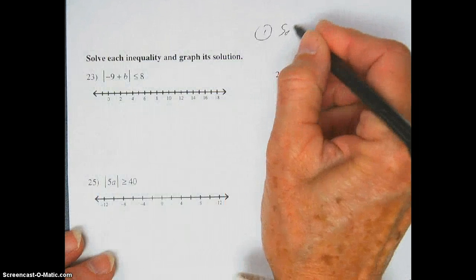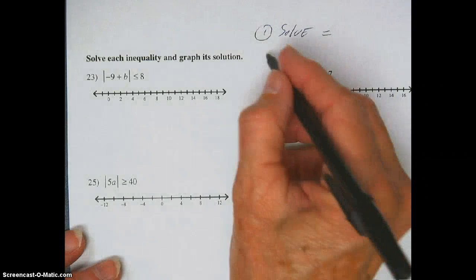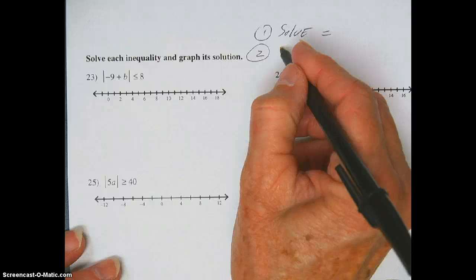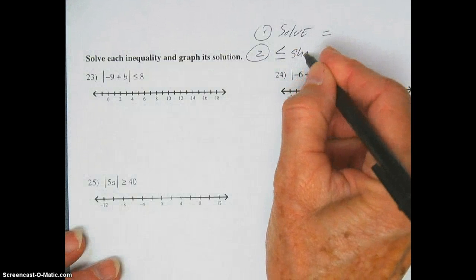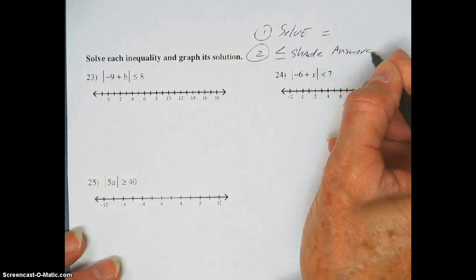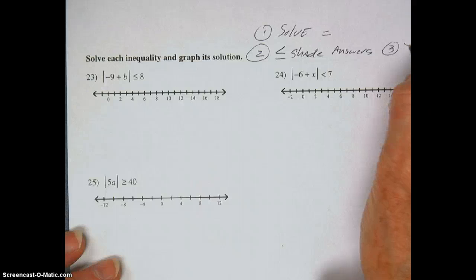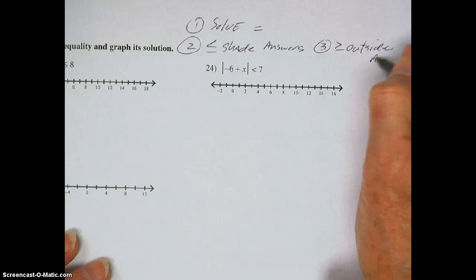First, you'll solve the equation for equal to, and then just keep in mind, if it's a less than sign, you'll shade inside the answers, and if it's a greater than or equal to, you'll shade on the outside of the answers.